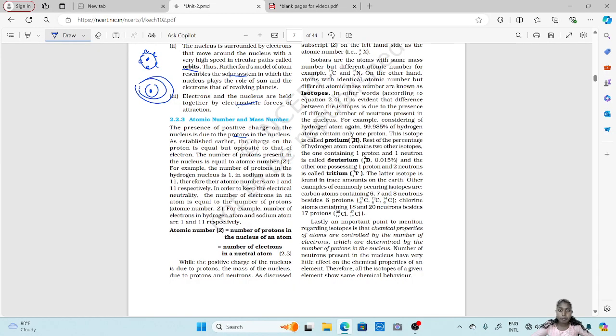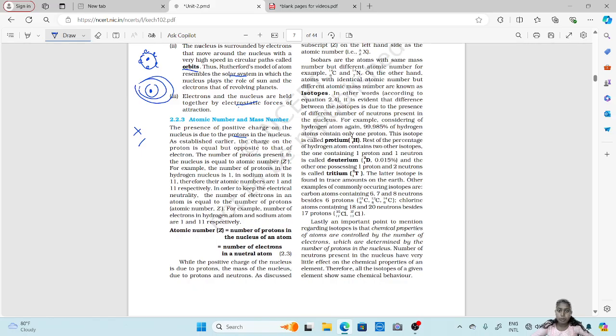So the nucleus has a positive charge because it carries protons. The charge on the proton is equal but opposite to that of the electron, so if protons are positive, electrons are negative. They are oppositely charged.